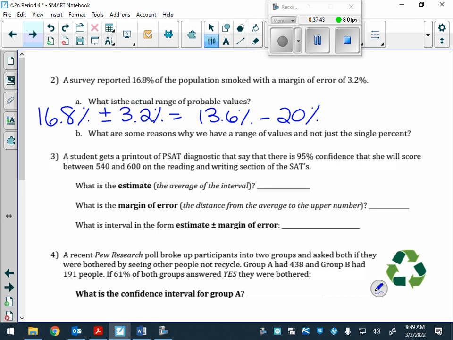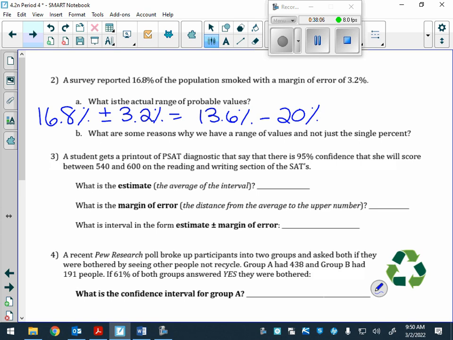Okay. What are some reasons why we have a range of values, not just a single percent? There's 26 of you, and the same people keep answering. So why? Can you put your hand down?